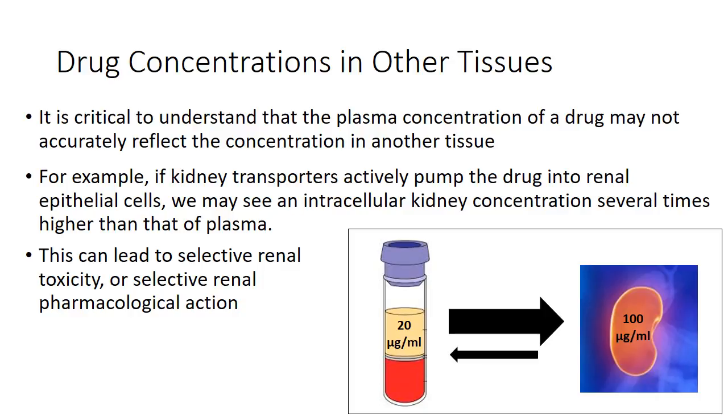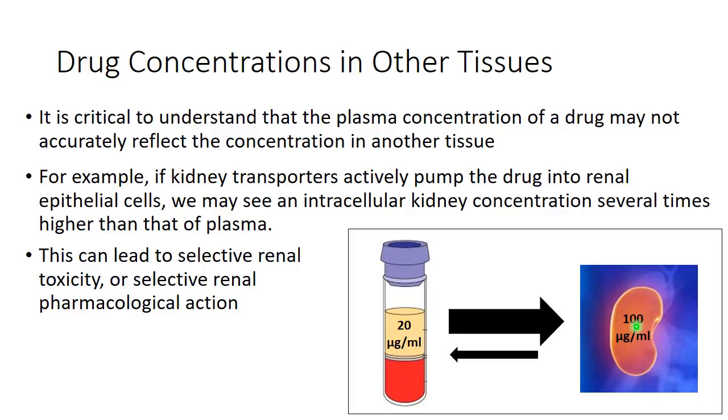That's the critical point: you can't just rely on plasma concentration to understand what's happening in the tissues. And again, in this example, that could potentially lead to selective renal toxicity or selective pharmacological action or pharmacodynamics in the kidney.